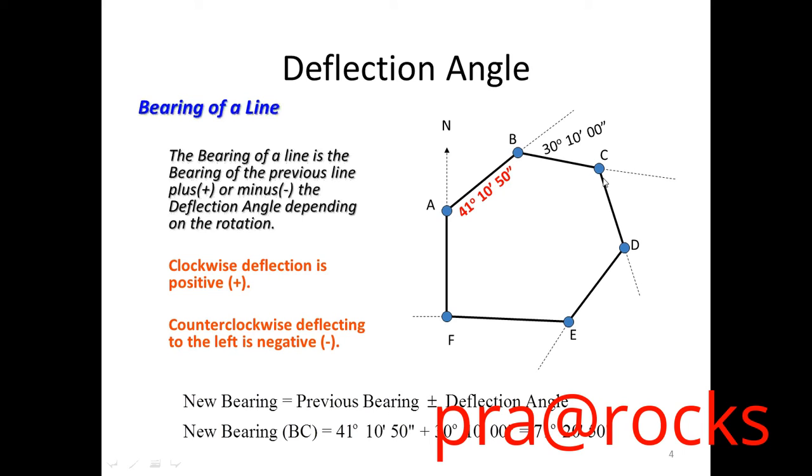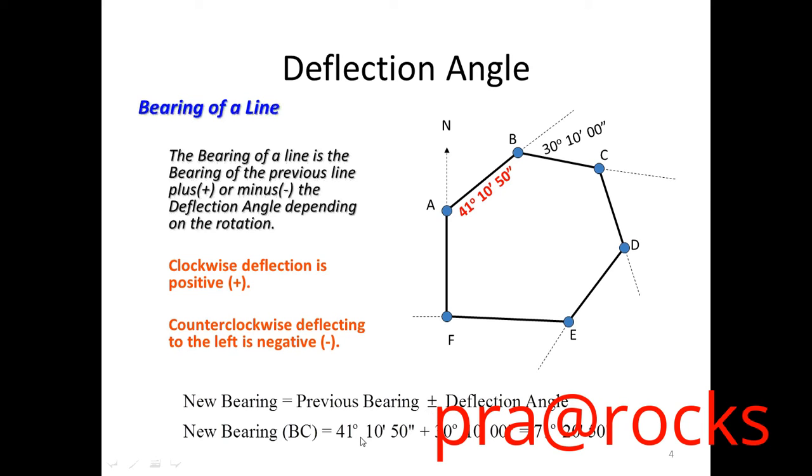To find the bearing of BC, I just have to add the bearing of AB to the deflection angle of 30°10'00". The formula down here: new bearing is equal to the previous bearing plus or minus the deflection angle. The plus or minus depends on your rotation, whether it's clockwise or counterclockwise.